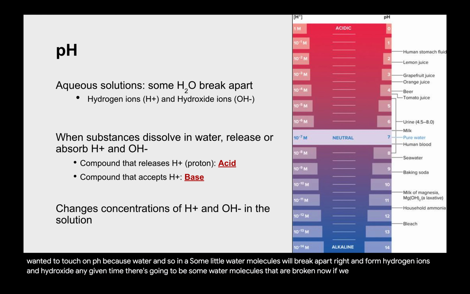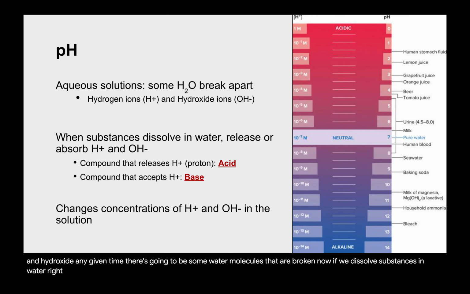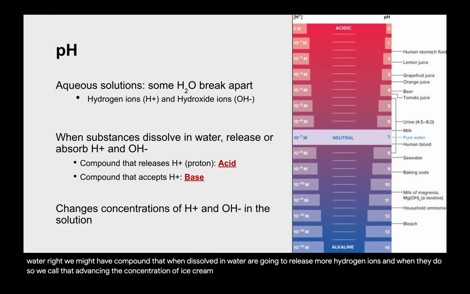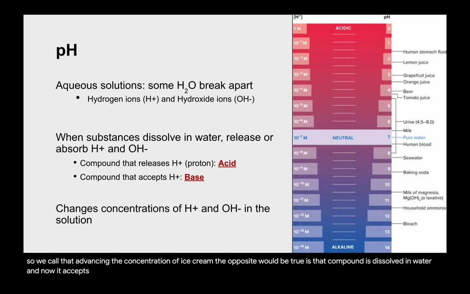Now, if we dissolve substances in water, we might have compounds that release more hydrogen ions, and when they do so, we call that an acid. So that changes the concentration of hydrogen ions. The opposite would be true if that compound is dissolved in water and accepts hydrogens. That would be a base.